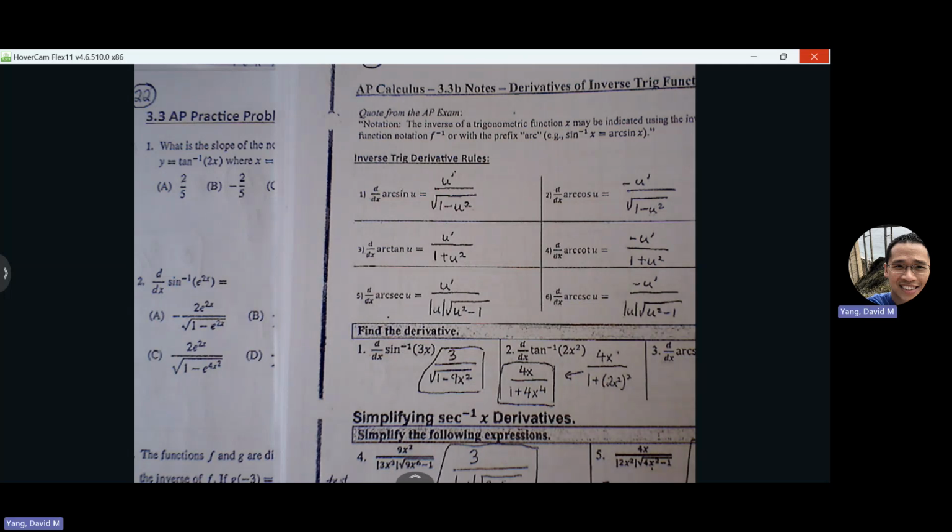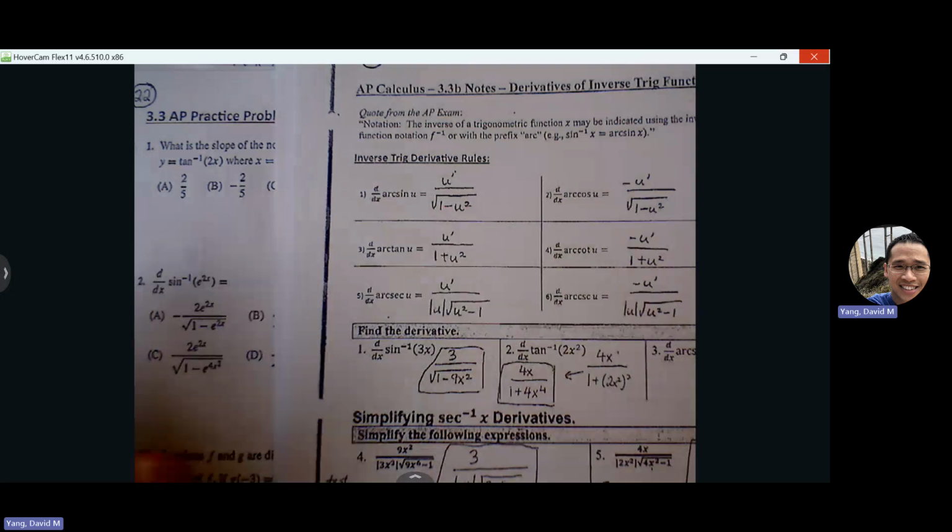What common things do you see in the denominator? They're mainly just 1 and u squared. I know arc secant looks more complicated with that absolute value, but for the most part they're just 1 and u squared. And arc sine and arc secant look like we have to memorize what order those terms are going to be in.